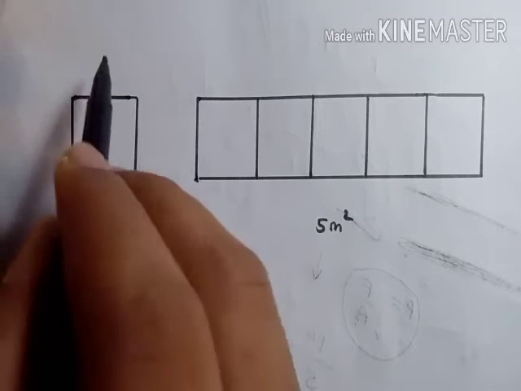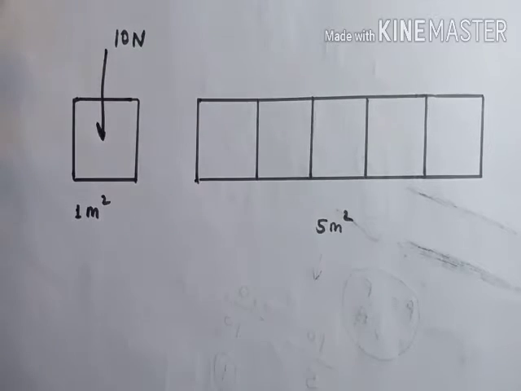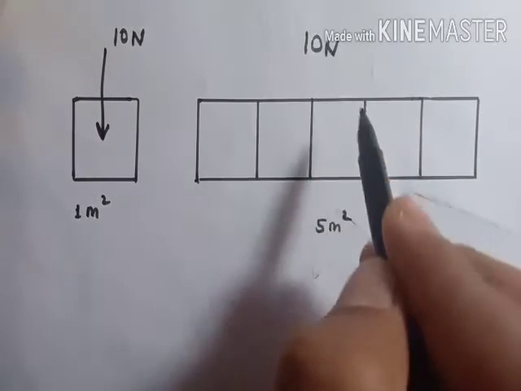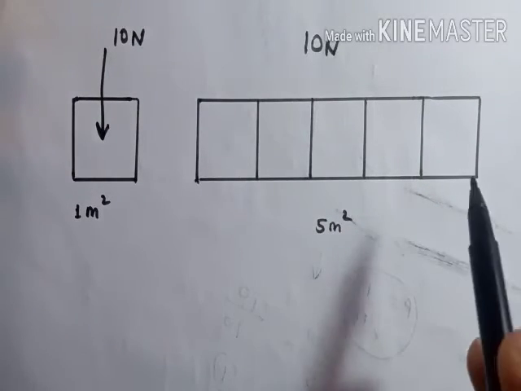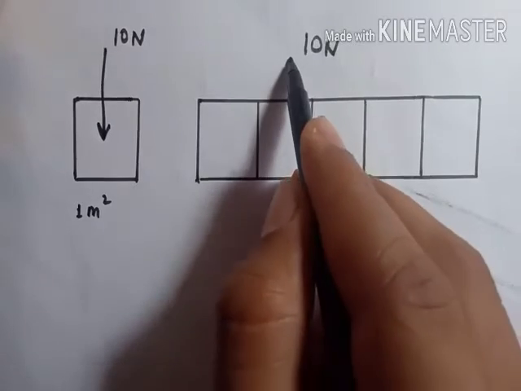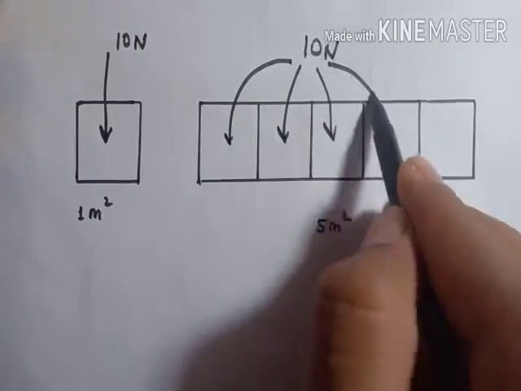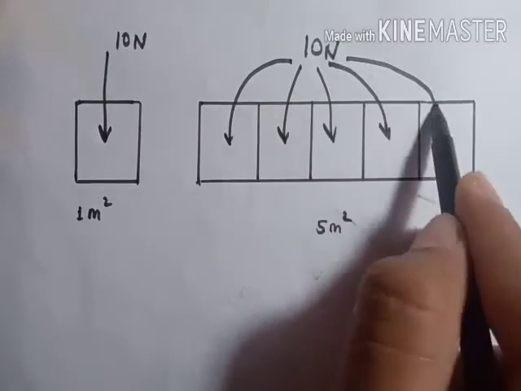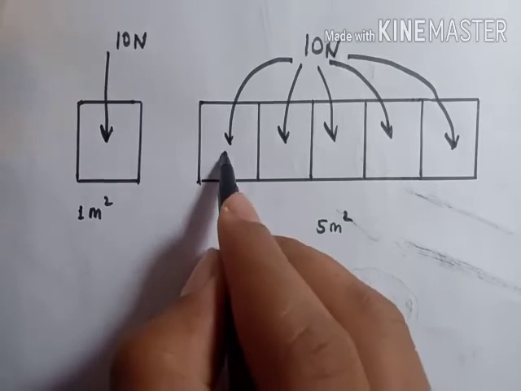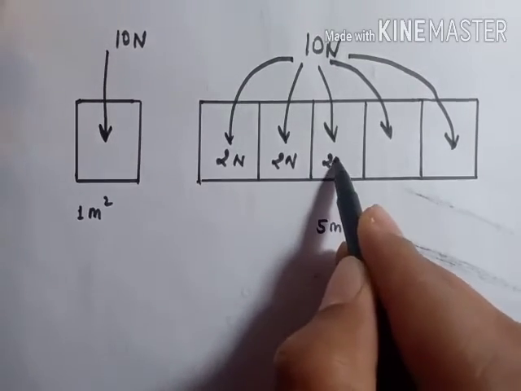Now if I apply a force of 10 Newton on the first area, and the same force of 10 Newton on the second area, this time the force is distributed over the whole area, and 2 Newton is applied here, 2 Newton here, 2 Newton here.